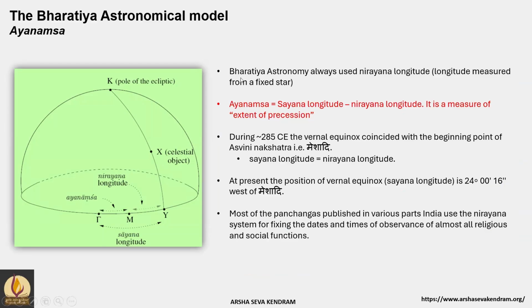Like I said earlier, Bharatiya Astronomy always used Nirayana longitude for most purposes, longitude measured from a fixed star. Now the difference between these two is an indicator of the extent of precession, which is called Ayanamsa. So the Sayana longitude minus the Nirayana longitude is always the Ayanamsa.